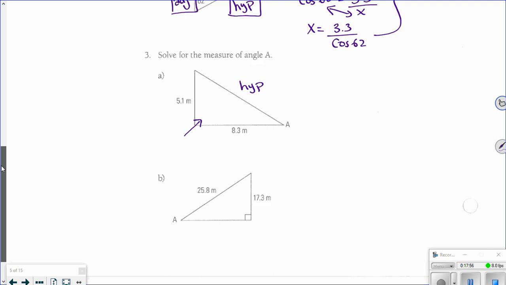Then you've got to figure out which angle they're actually looking for. It says the measure of angle A, which is down here, which means this one straight across from it is going to be our opposite. Our third one is our adjacent. In this case, we know something about the opposite, we know something about the adjacent. We need those two things in our formula. Opposite and adjacent is tan.